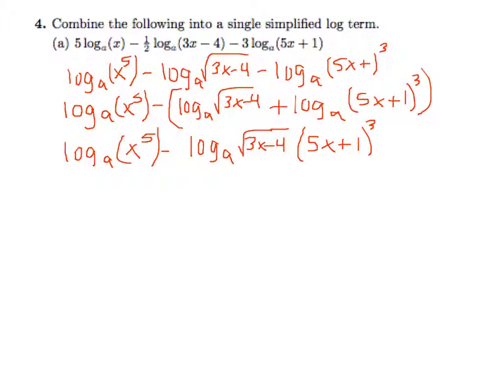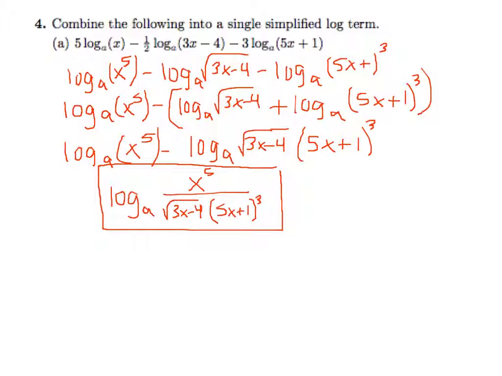And last we have this subtraction symbol, so we're going to combine those using division. So we have log base a of x to the 5th all divided by square root of 3x minus 4 times 5x plus 1 cubed. And this is our single simplified log term.